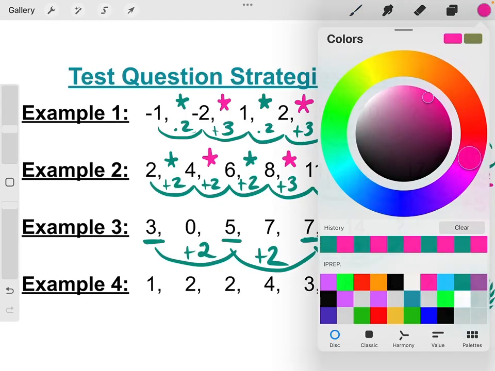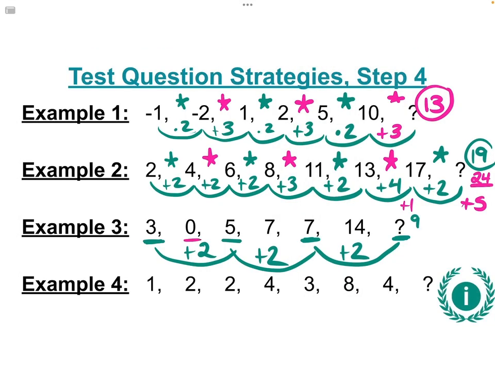Now, what's happening with the other set of numbers? What about 0, 7, and 14? Well, the difference between 0 and 7 is plus 7. The difference between 7 and 14 is another plus 7. So hypothetically, if we needed to find another number past 9 right here, we would take 14, add 7, and get 21.